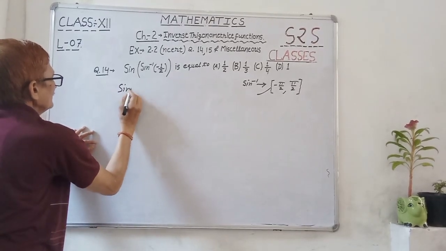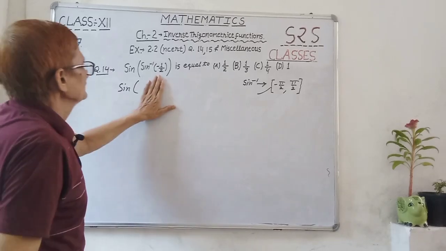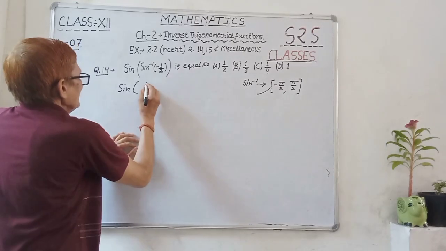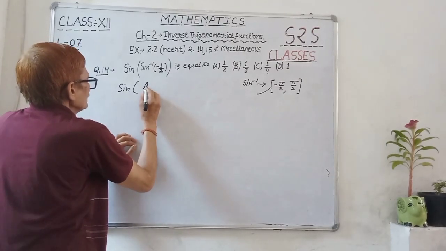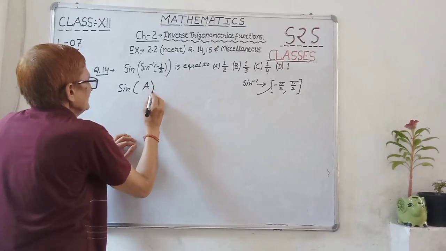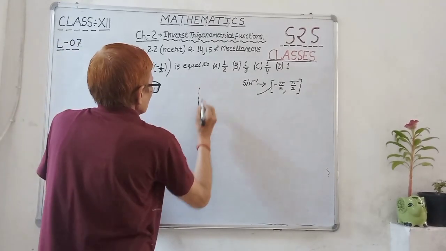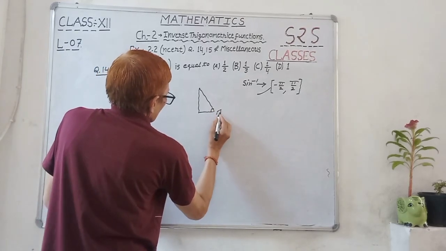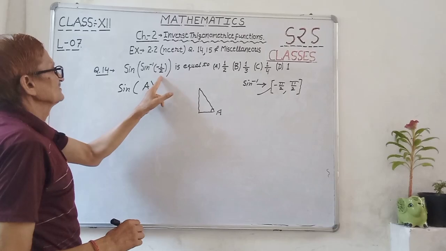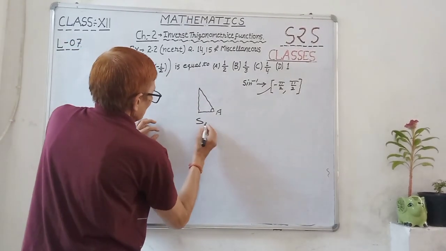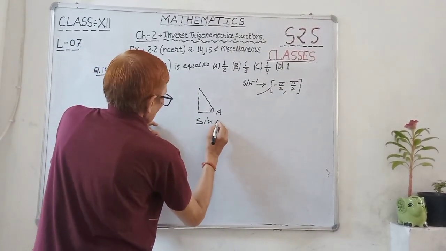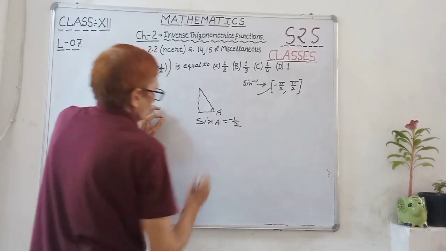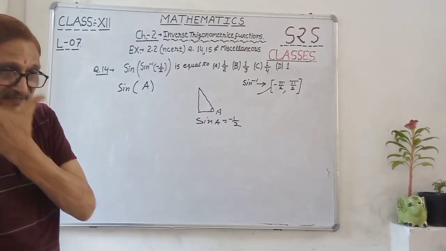Sine inverse of minus half is A, and we make one triangle with this angle A. Then sine A is equal to minus half. Sine A is minus half, understand.